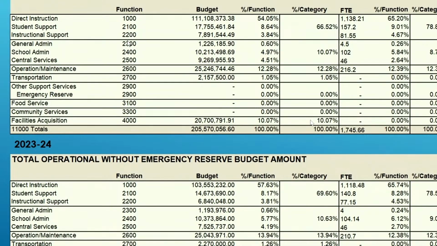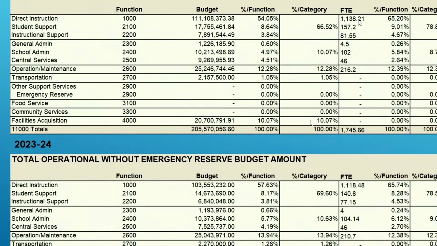So you have direct instruction, student support, and instructional support. These top three functions are the percentage of dollars that go for those functions, which are usually related to direct student instruction, and that's approximately 66.5%, 66.52% of the budget.